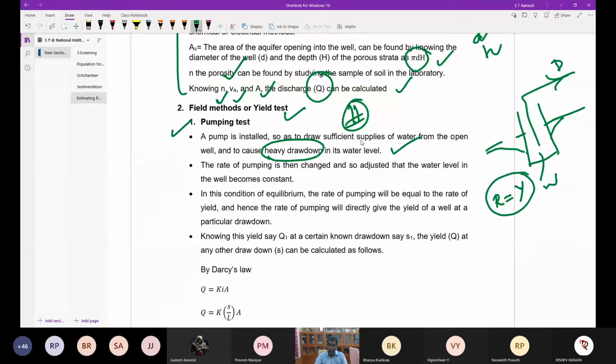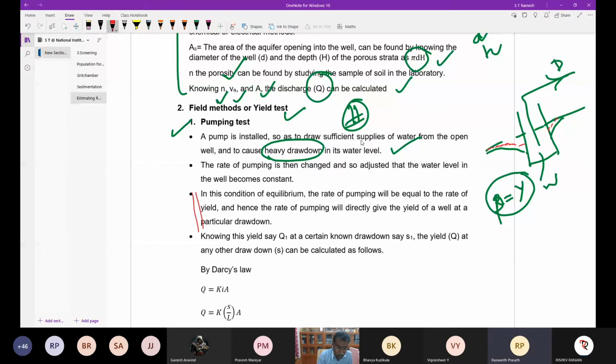Initially you pump out and make a heavy drawdown occur, then you monitor the head of the well and adjust the pumping rate, thereby making a system where the rate of pumping is equal to the rate of your yield for a particular drawdown. If I want to maintain a drawdown like this, I can make it by adjusting the pumping rate. Is it okay?